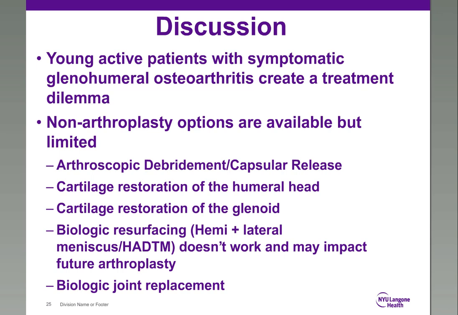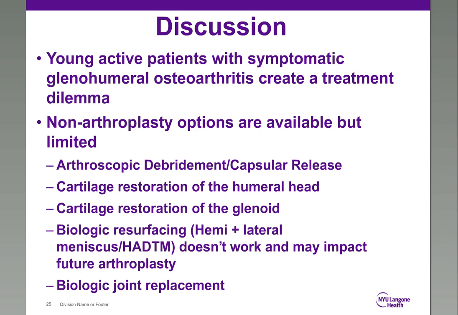The arthroscopic debridement and capsule release, or Dr. Millett's CAM procedure, is effective, but the benefits are relatively short-lived. While cartilage restoration of the humeral head and glenoid is possible with similar techniques to those we use within the knee joint, the outcome data is very limited, as most of the reports in the literature are single cases or small case series.